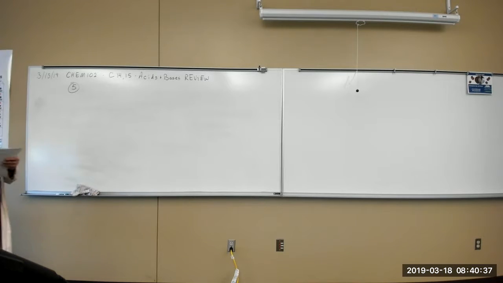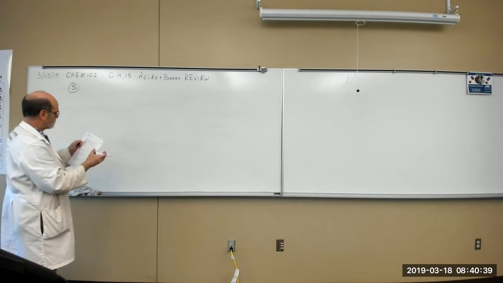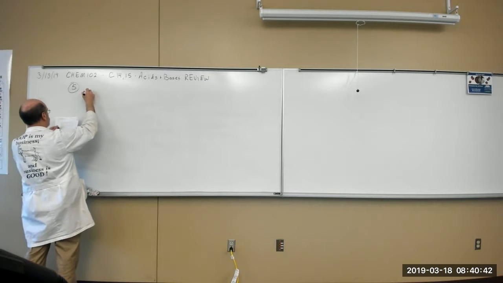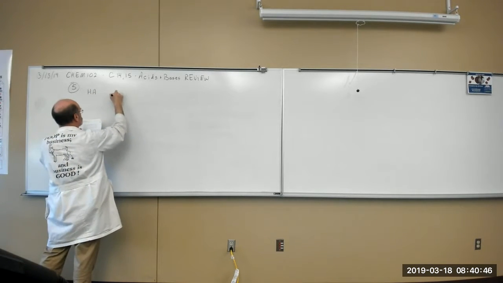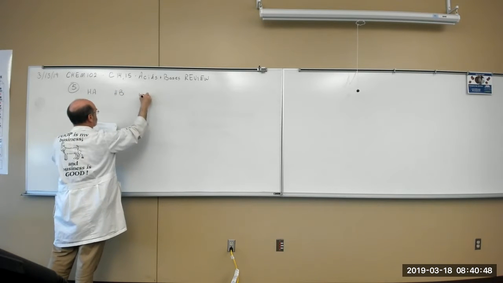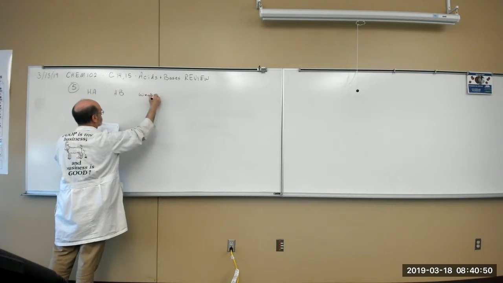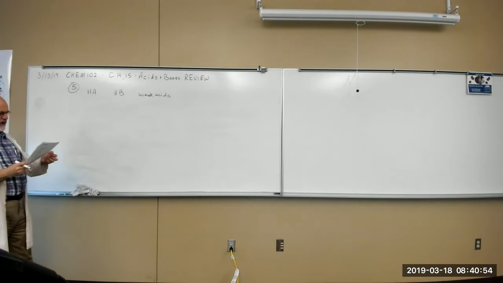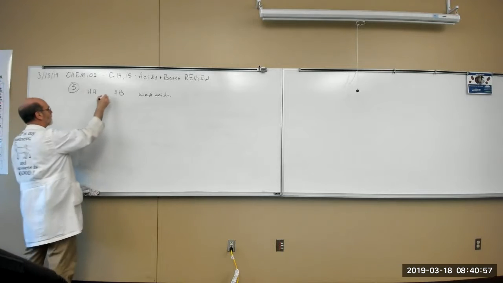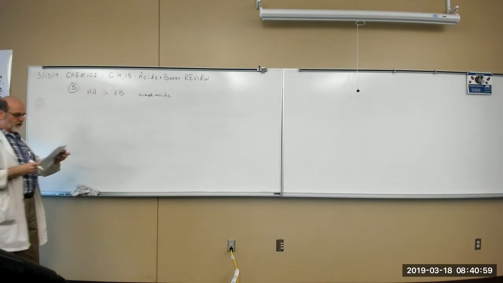HA and HB are both weak acids. So we just put that much. These are conditions. HA and HB are weak acids. How are they related to one another? HA is a stronger acid than HB. So we'll just use that as our expression.